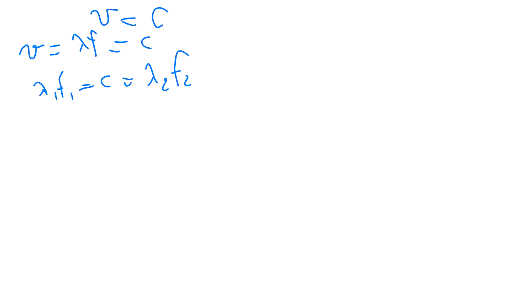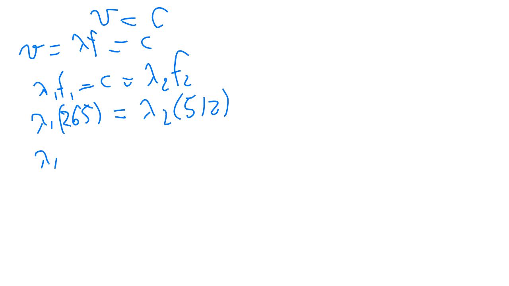Okay, c is the speed of light. For an electromagnetic wave it's constant. So lambda 1 times f1, which is equal to 265, is equal to lambda 2 multiplied by 512. So it depends on what he wants. If he wants lambda 1 over lambda 2, then that's equal to 512 divided by 265.